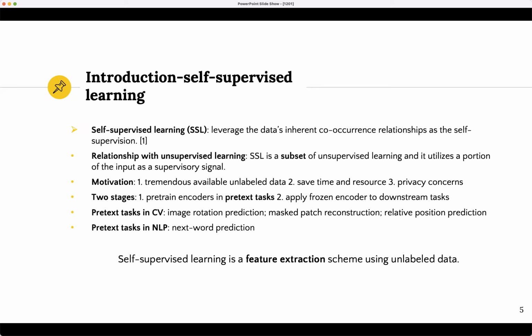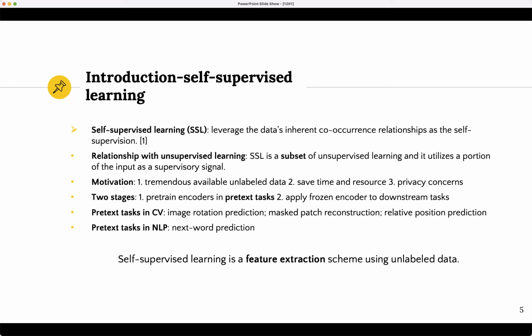There are three motivations. The first two, like other unsupervised learning, try to utilize the tremendous available unlabeled data and save the time and resources for data annotation.